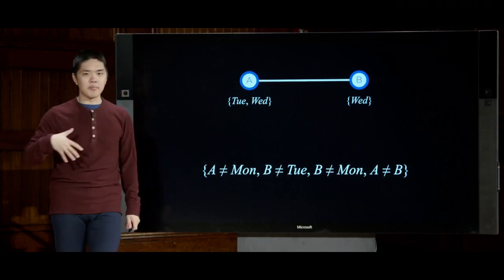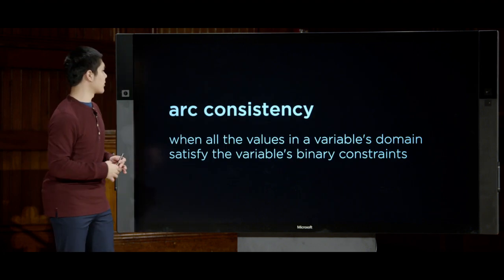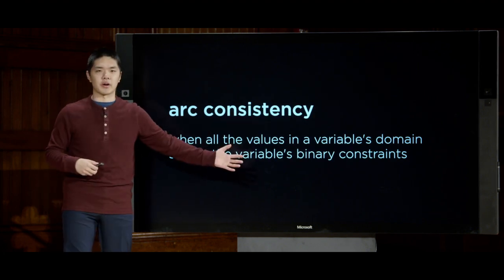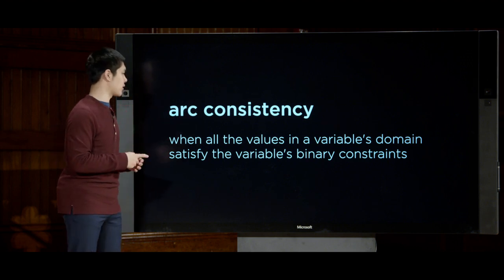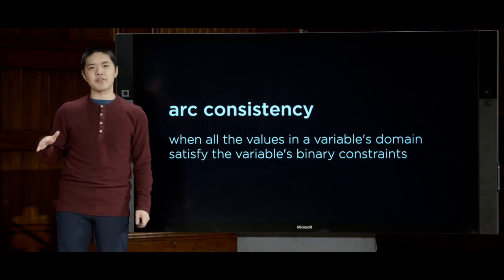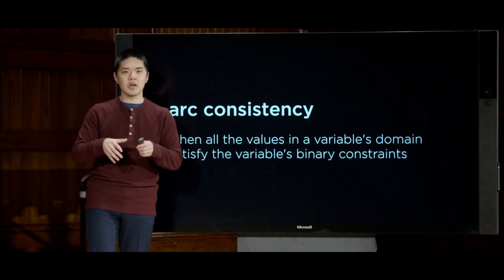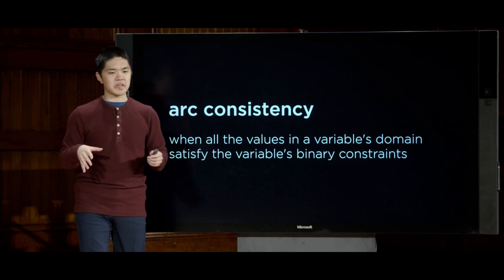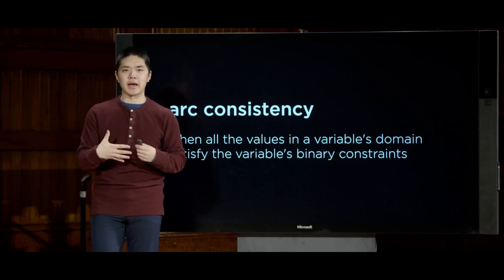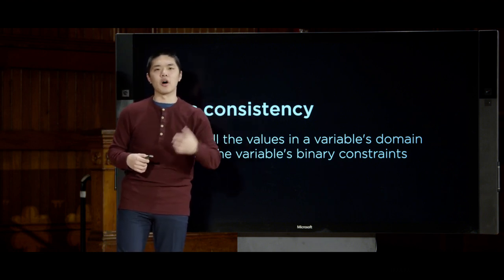Where things get a little bit more interesting is when we consider different types of consistency, something like arc consistency, for example. And arc consistency refers to when all of the values in a variable's domain satisfy the variable's binary constraints. So when we're looking at trying to make A arc consistent, we're no longer just considering the unary constraints that involve A. We're trying to consider all of the binary constraints that involve A as well.